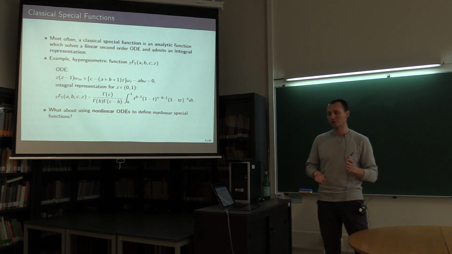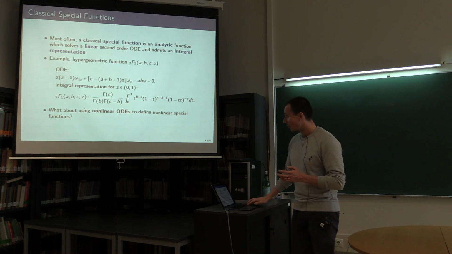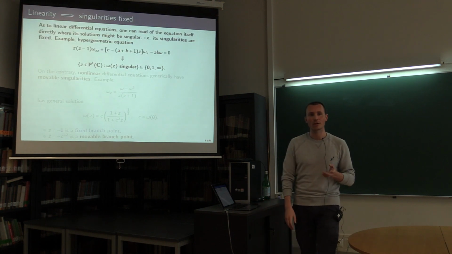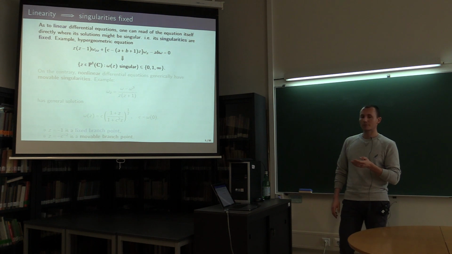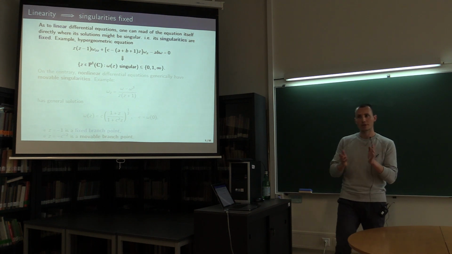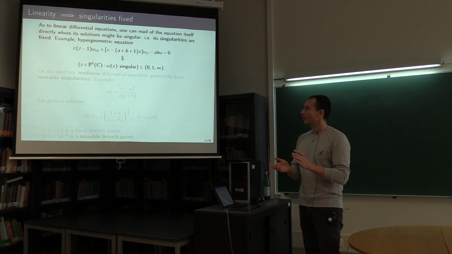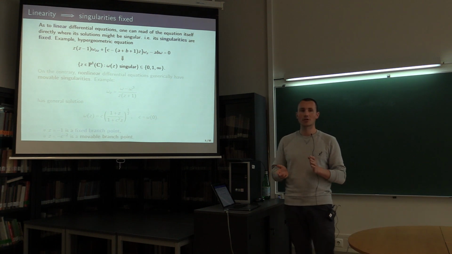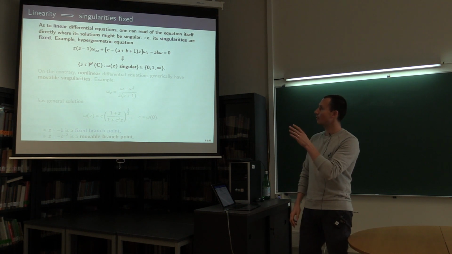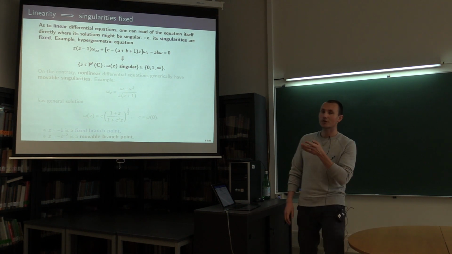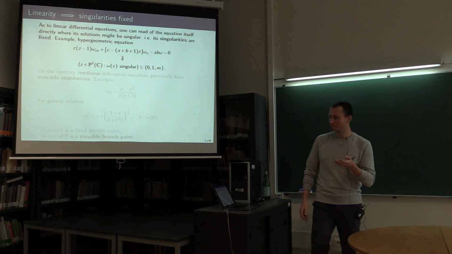And so it's a very intriguing question whether you can maybe define new special functions by the use of nonlinear ODEs. But there are some analytical obstacles, because when you look at a linear differential equation, you can immediately see, just looking at the equation, where the solutions might be singular. So for instance, here we have the hypergeometric equation, and we know that any solution can only branch at 0, 1, and infinity.